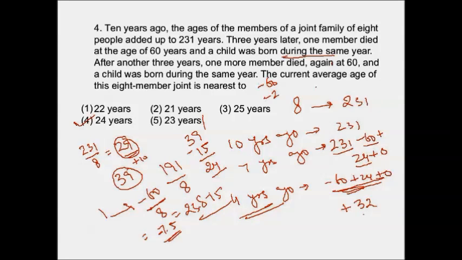That means it is going to be 0 after 2 years. In that case, the net change would be -62. So the change in average would be -62 by 8. And similarly again, so in that case we would have reduced that number from 39 and that would have given us the answer. I hope this is clear to everyone. So let's move on to the next question.